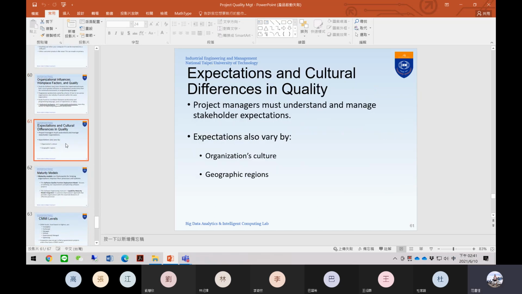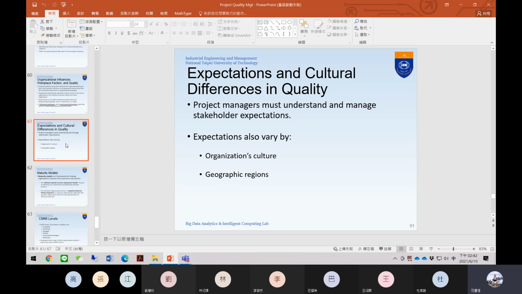Next, expectations and cultural differences in quality. Project managers must understand and manage stakeholder expectations, which come from society, from stakeholders inside, from outside investors, and from the market.